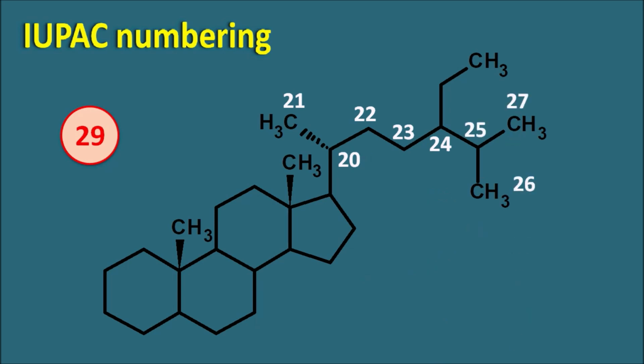But the numbers we gave to 28 and 29 are not considered in the IUPAC, and they are considered as side chains attached to the 24th position, denoted as 24-1 and 24-2. So according to the IUPAC, we give the numbering up to 27 only, and the other 2 carbons are represented as 24-1 and 24-2. So this is a little change in the IUPAC numbering.